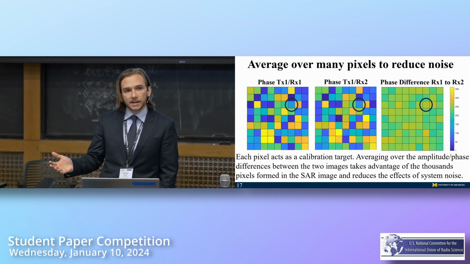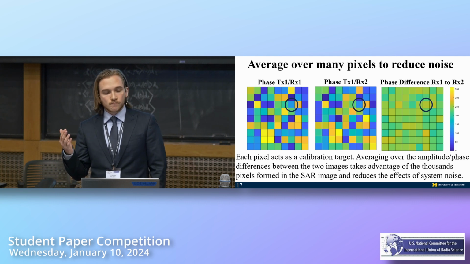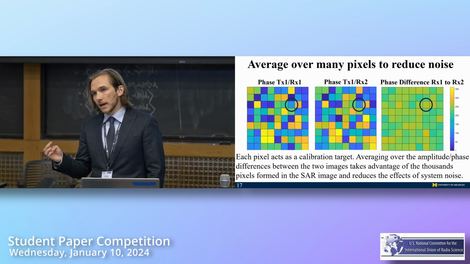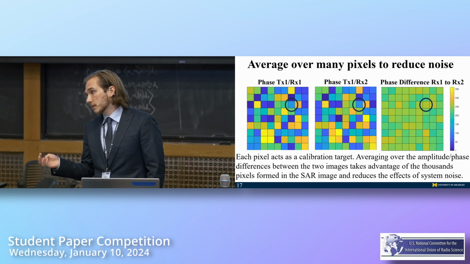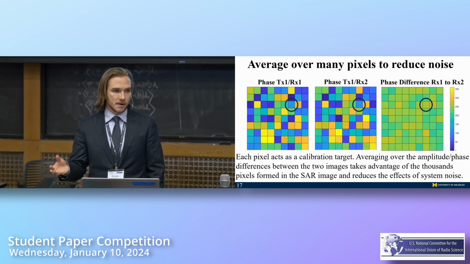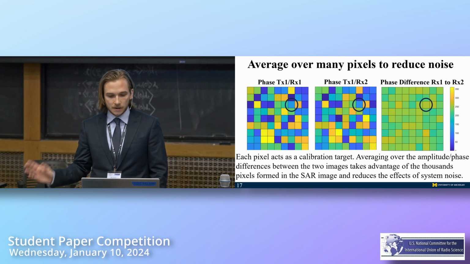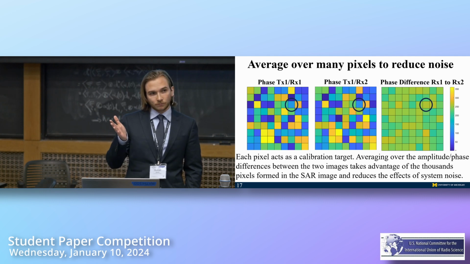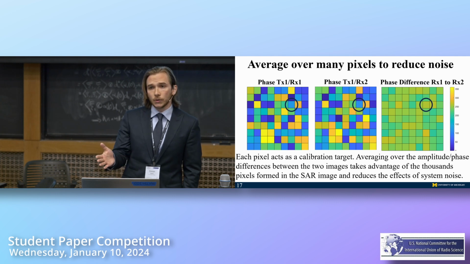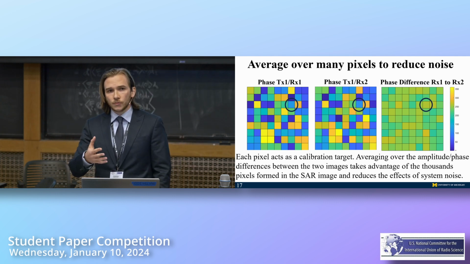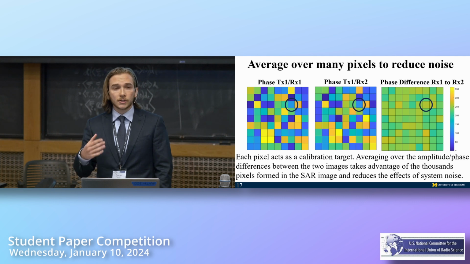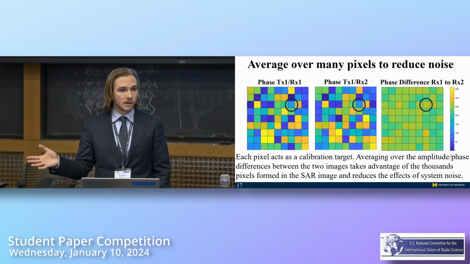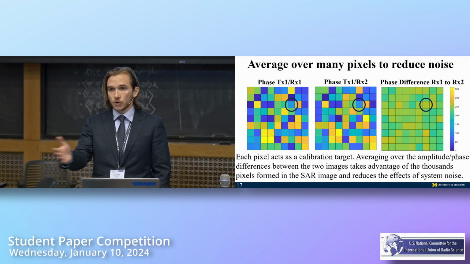Because of the added system noise, the estimation value that you have for each of the pixels in this difference image is going to vary, because you're going to have some added error to it. At the same time, the ground target that you're looking at, if it's a random rough distributed target, is also going to have some variation in the strength depending on which direction you're looking.